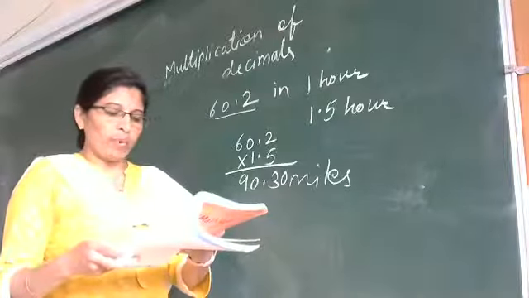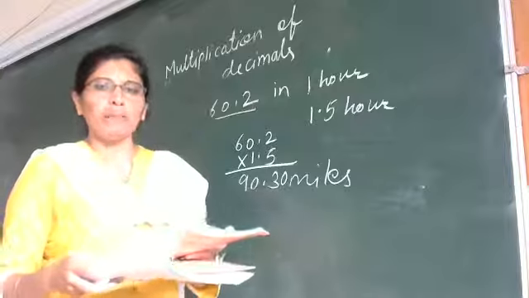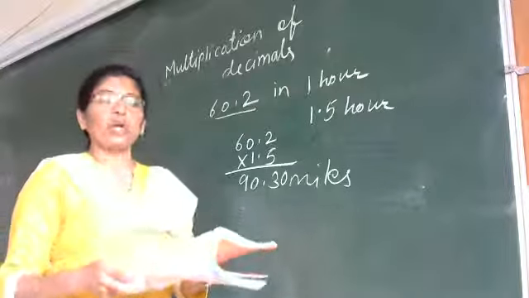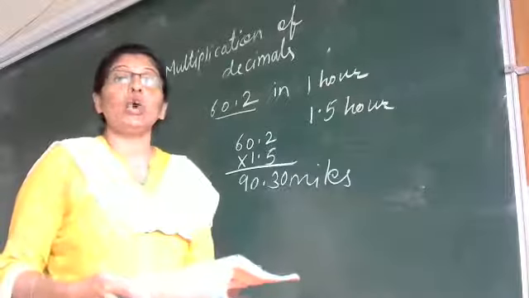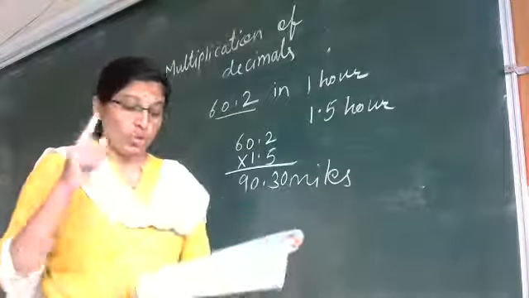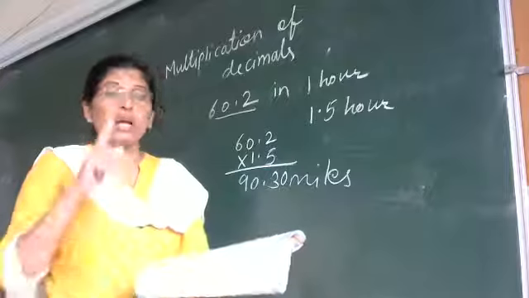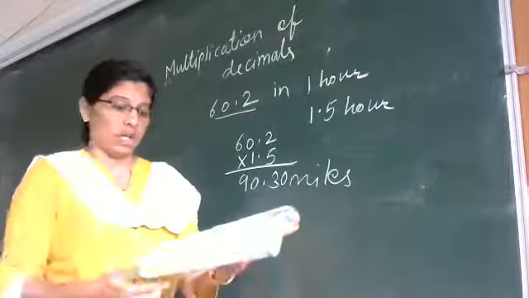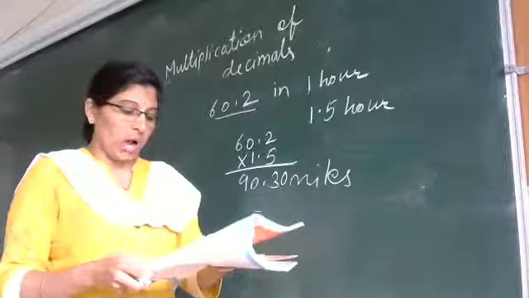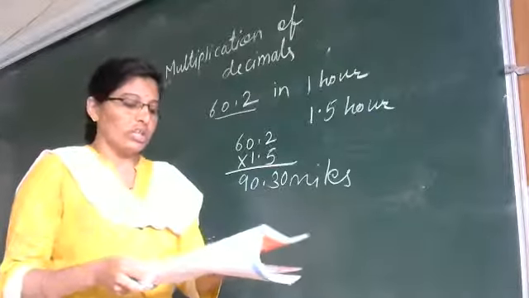Aditya bought 3.4 kilograms of coffee that cost rupees 6.95 per kilogram. Per means 1. So for 1 kg, it is 6.95 rupees. They are asking how much money she spent.